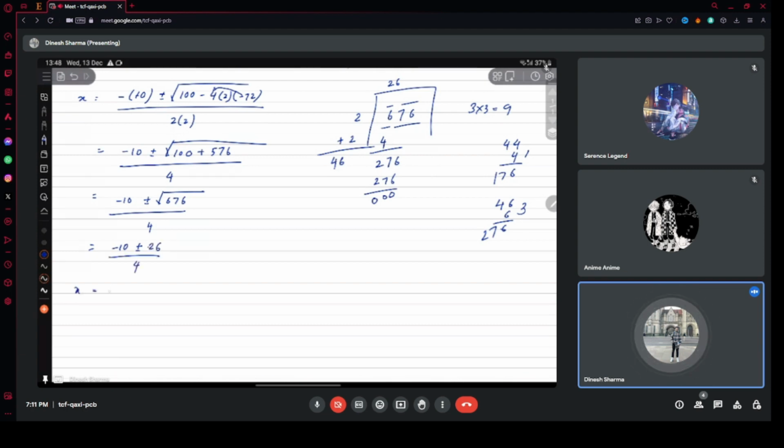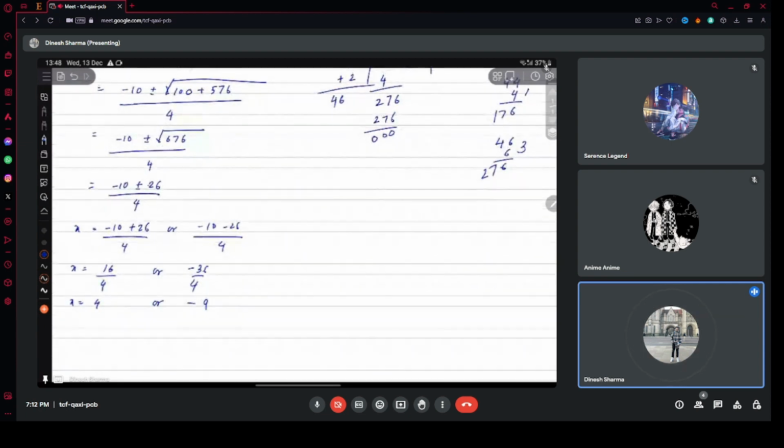So x can either be minus 10 plus 26 by 4 or minus 10 minus 26 by 4. So x is 16 by 4 or minus 36 by 4. So x is 4 or minus 9.